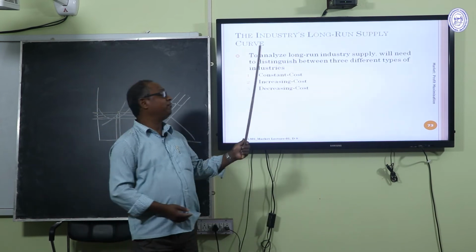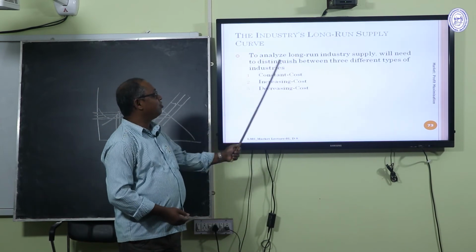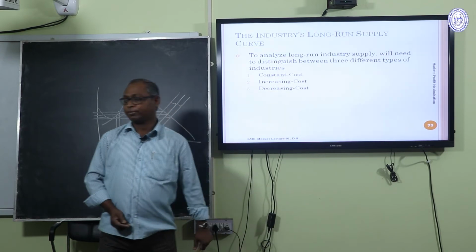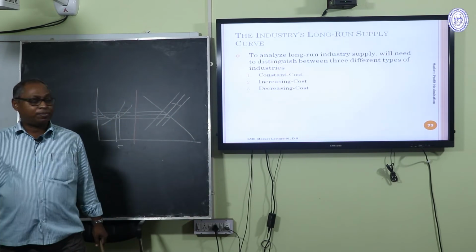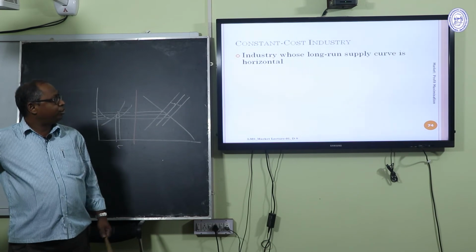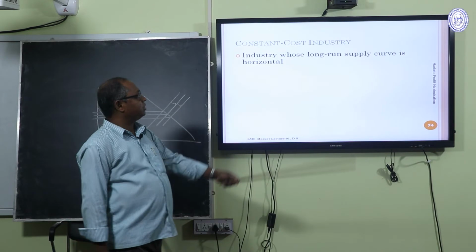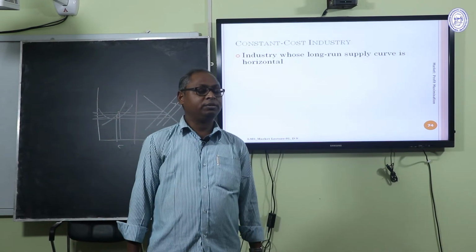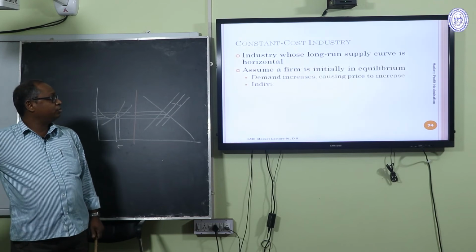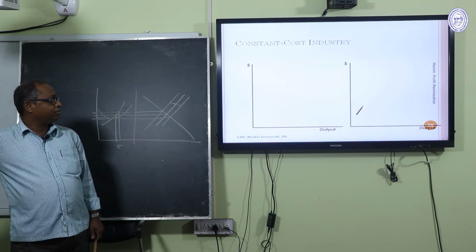So we define those as constant cost industry, increasing cost industry, and decreasing cost industry. And accordingly we can have the supply curve. If we have a constant cost industry, then what will happen? The industry supply curve will be horizontal. I will show this in the figure.